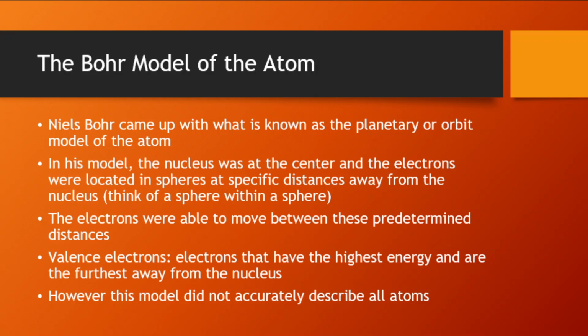The electrons are able to move on their specific path, but they're also able to move further or closer to the nucleus of the atom. Electrons can move farther away from the nucleus, or they can move closer to the nucleus. Within the Bohr model, they're what are called valence electrons.